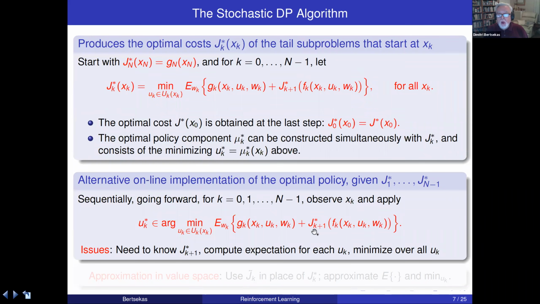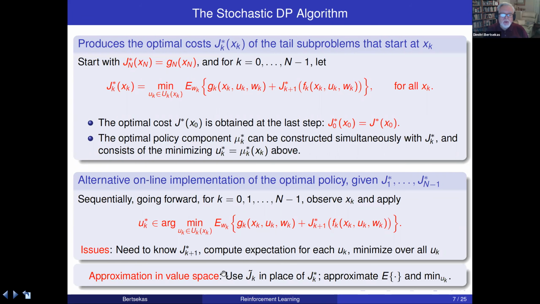However, we need to know these J stars to be able to do that, and calculating this J star is extremely difficult for the type of problem that we're looking for. So that's where, again, we have approximation in value space, and we use, in place of the J stars, some J tildes, which are obtained in some way, perhaps by offline training, perhaps in some other way.